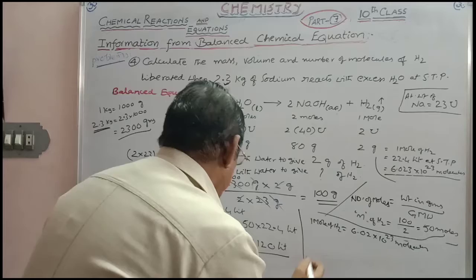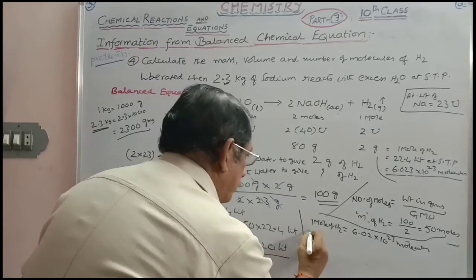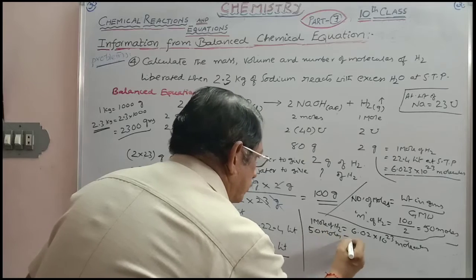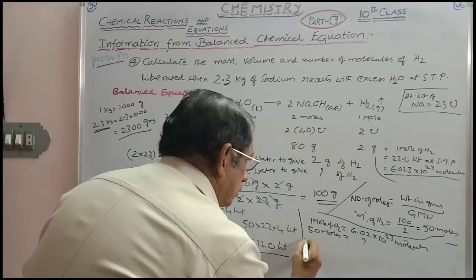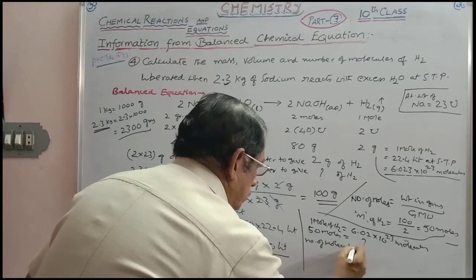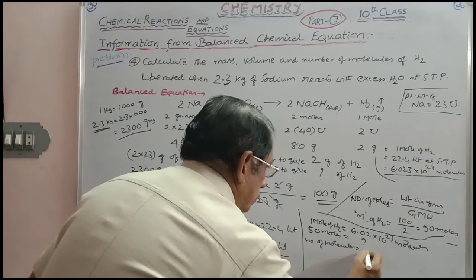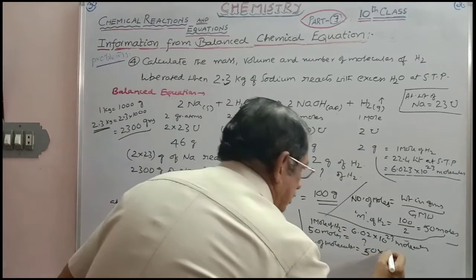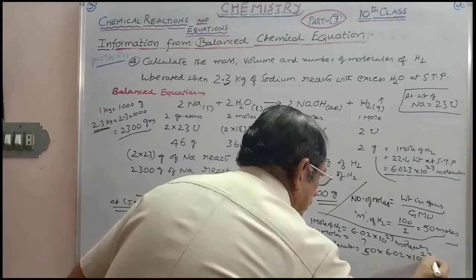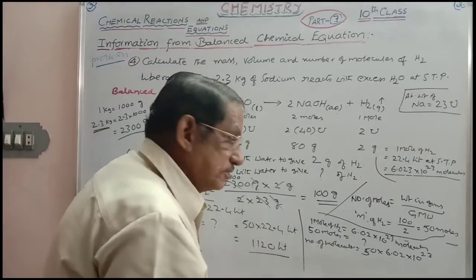So here how much obtained? 50 moles. 50 moles of H2 is equal to how much? Number of molecules is equal to 50 into 6.02 into 10 to the 23, right?